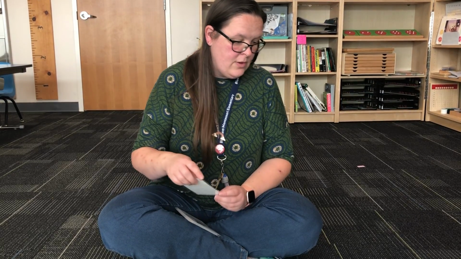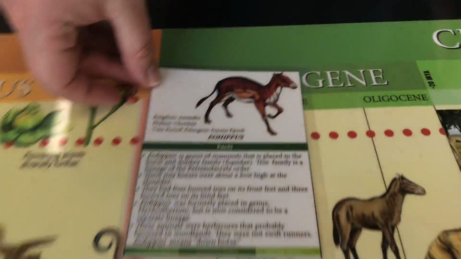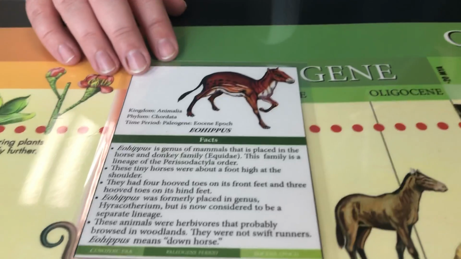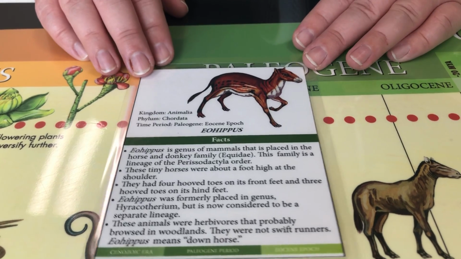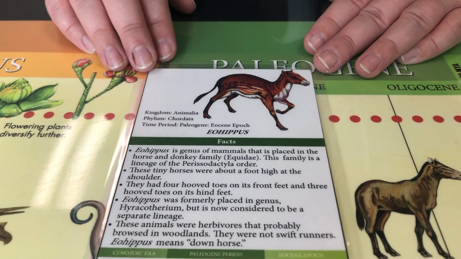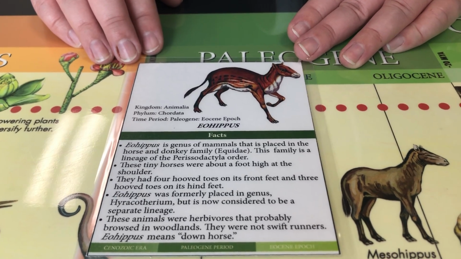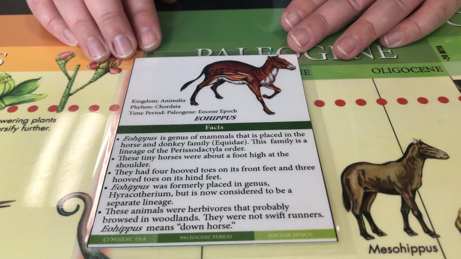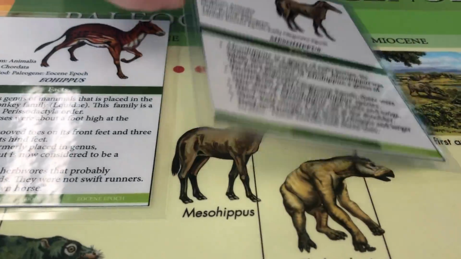So an example of that would be the Eohippus. This is an early form of the horse. And the Eohippus was pretty small, about the size of a dog. And that evolved into the Mesohippus a little bit later.